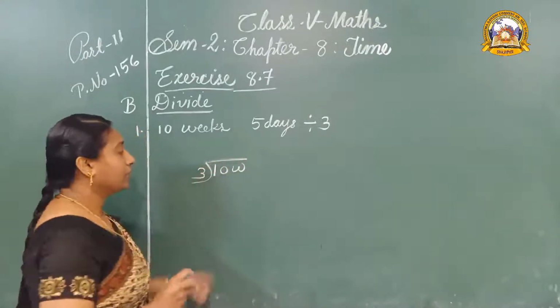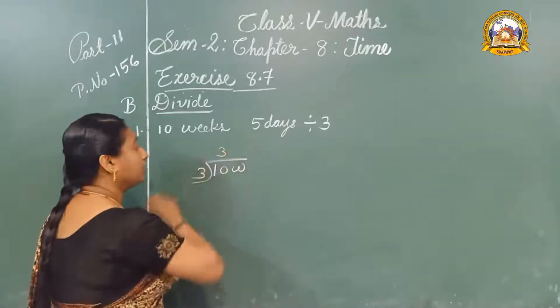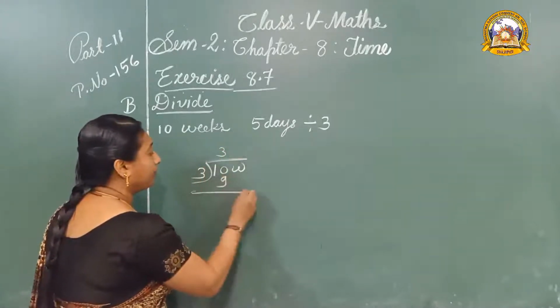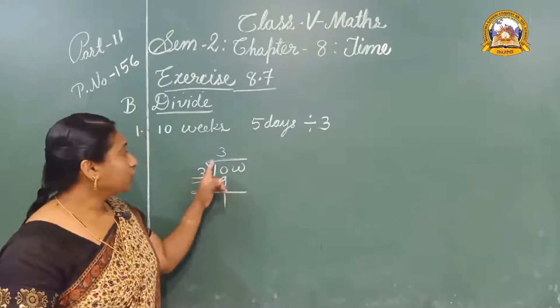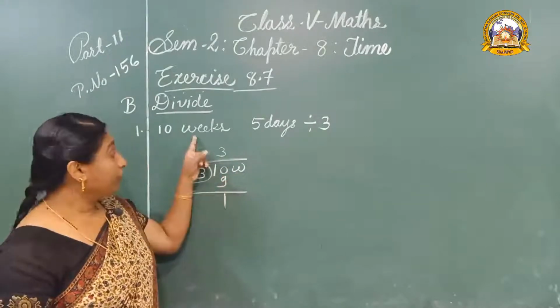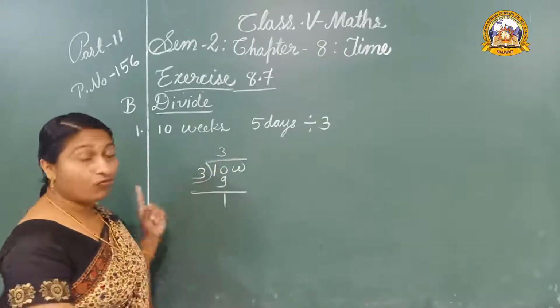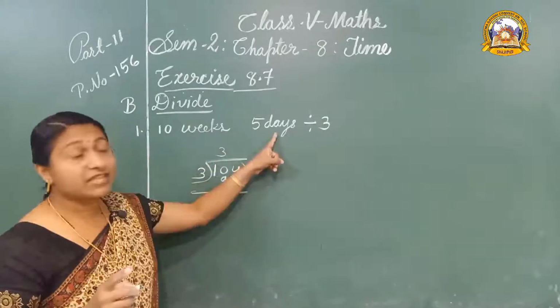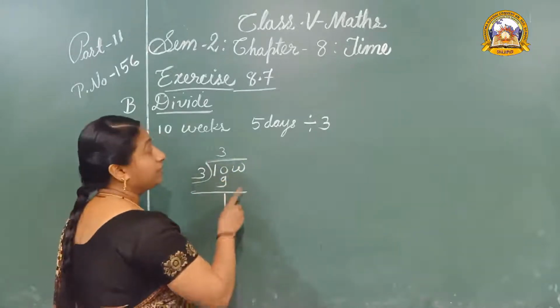10 weeks divide by 3. In 10, how many 3s are there? 3 3s are 9. Then remainder 1. So we can write 3 weeks, and this 1 week will go to days. We know 1 week is equal to 7 days. Here we have to multiply by 7.